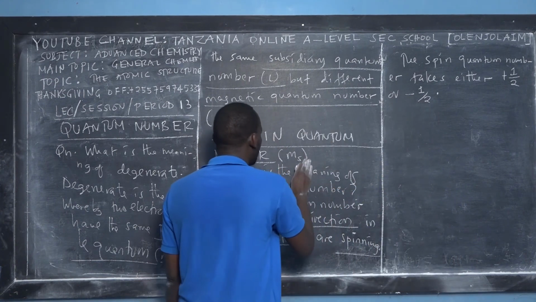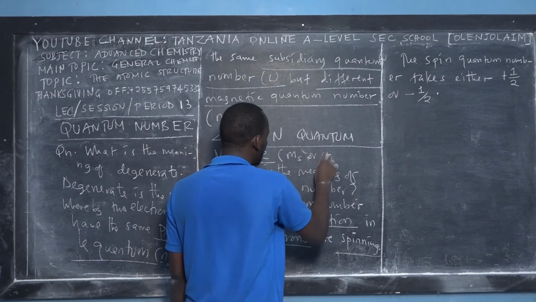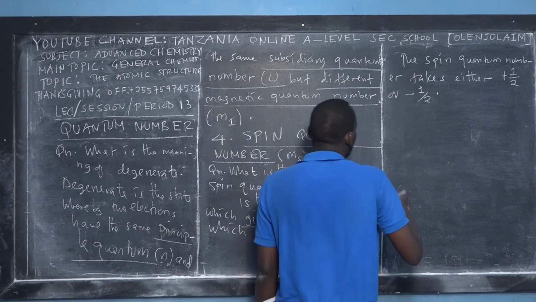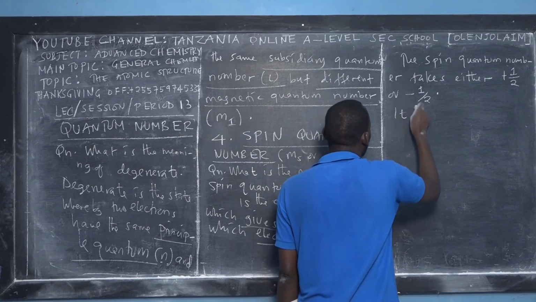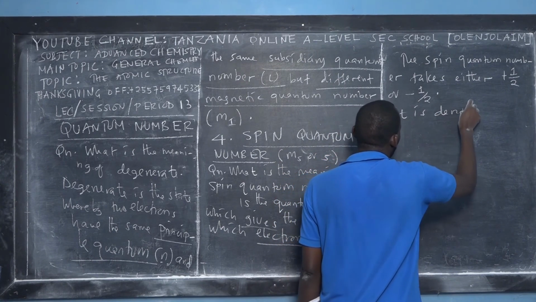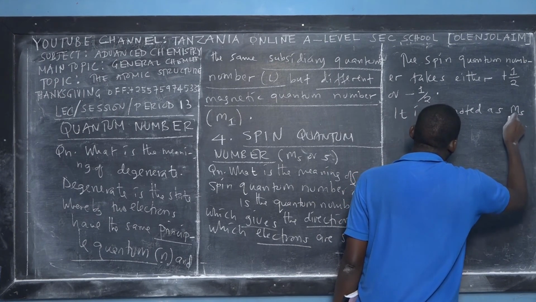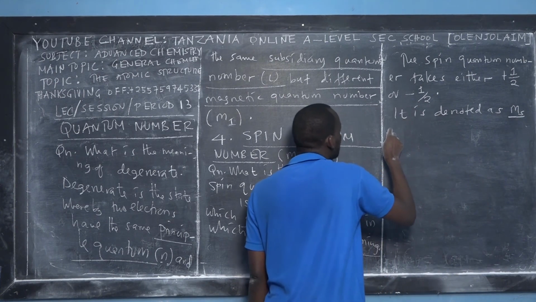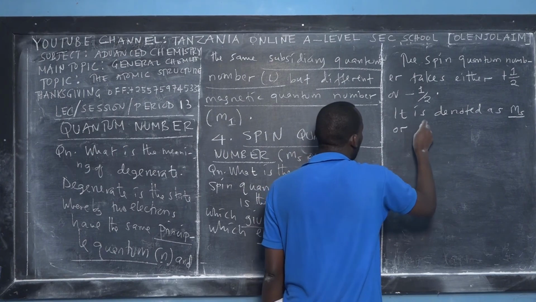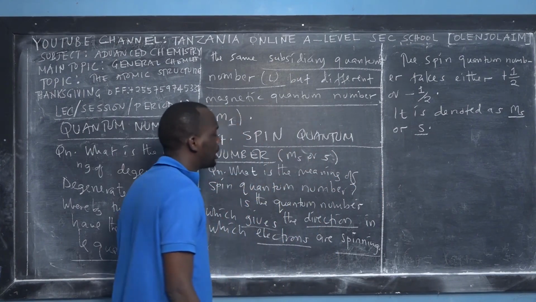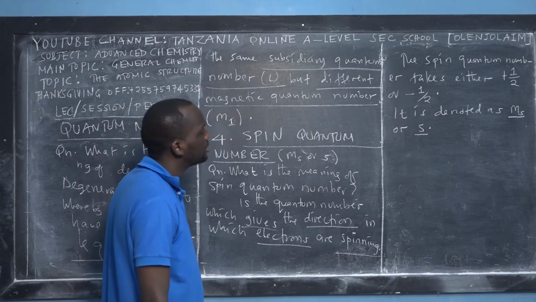You may use m subscript s or lowercase s. So the spin quantum number is noted as m subscript s or s.